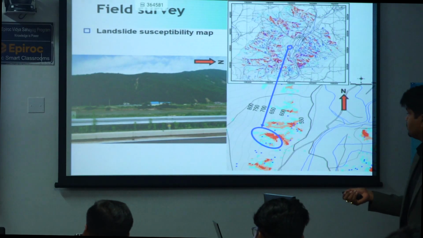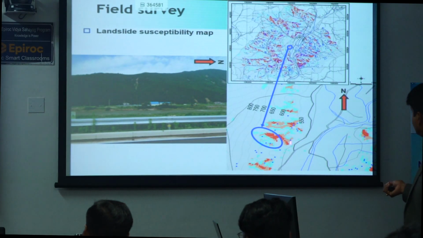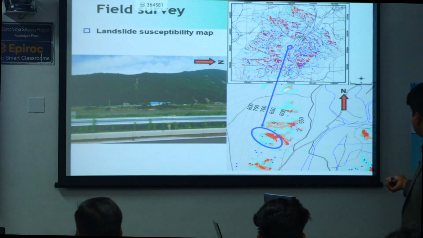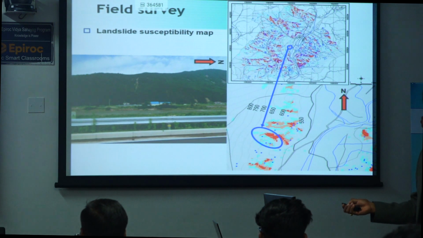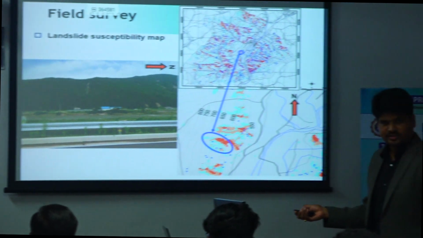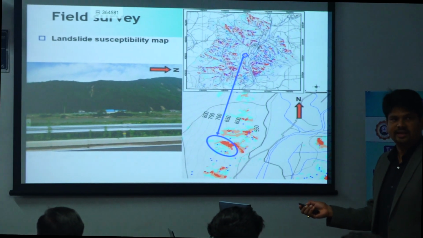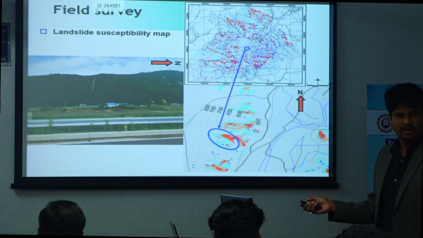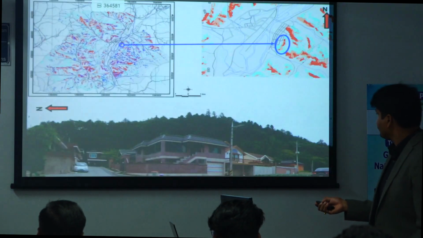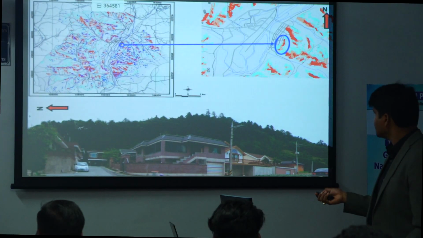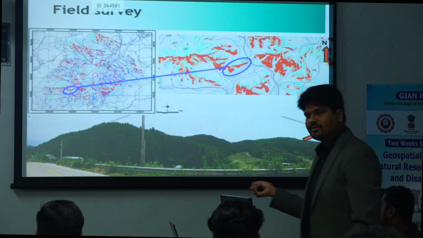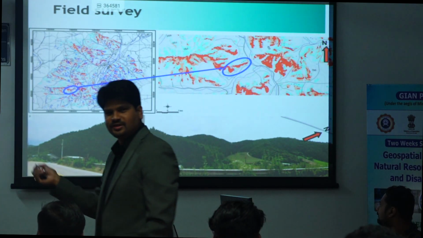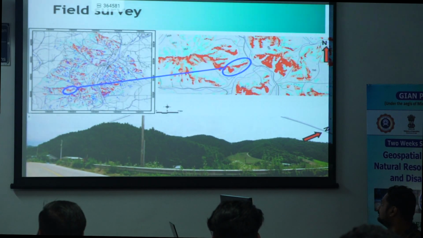So you see here we zoom out, we zoom in to an area, then we went to the field, then we check. Okay, there is a new landslide that has happened. So that reaffirms that this area we have correctly predicted. Okay? For some areas you can do it. But you see, the prediction map looks so beautiful. It just follows the shape of this slope. Okay?